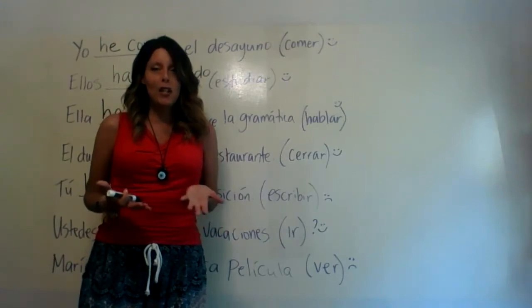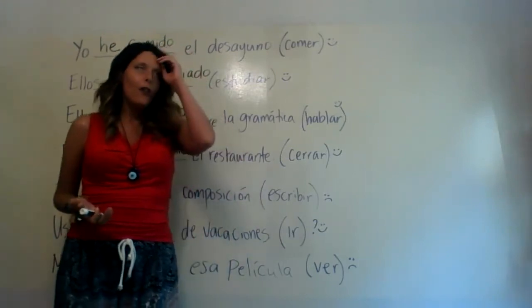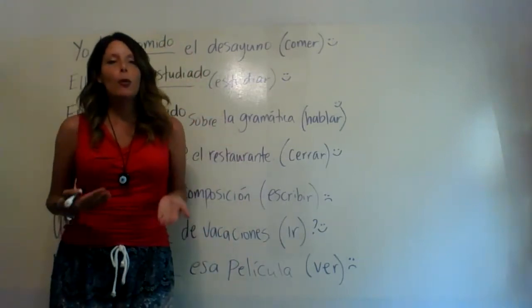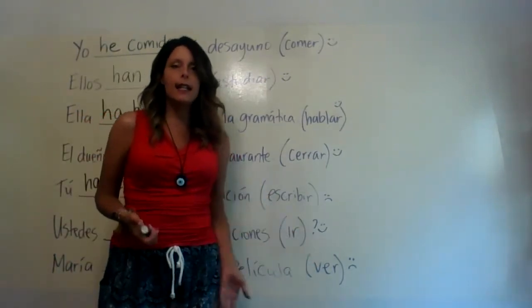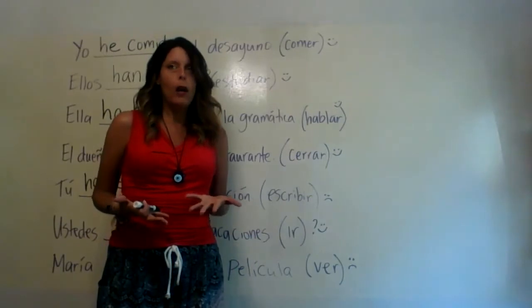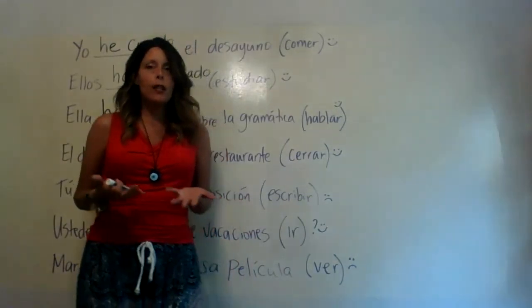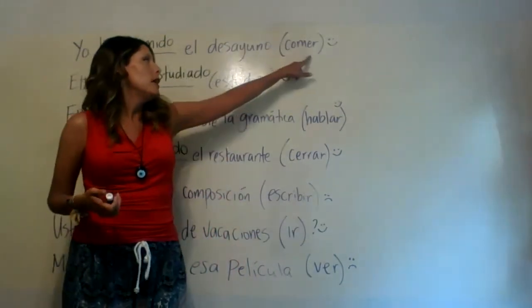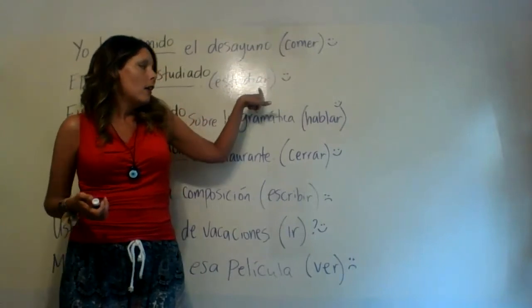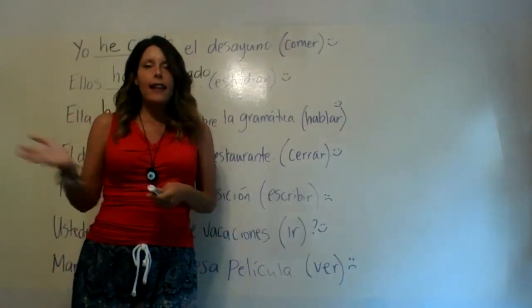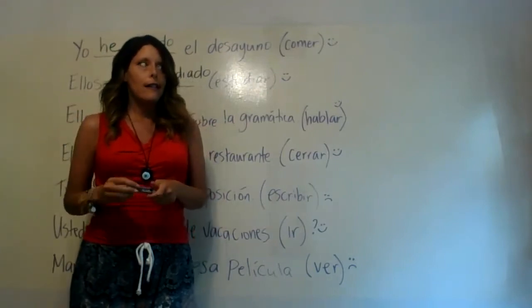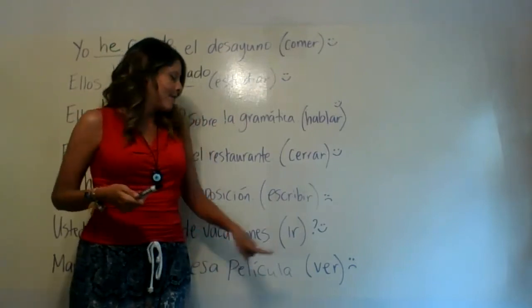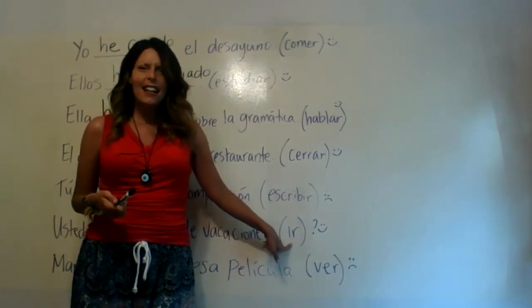Because what do we usually do whenever we form a regular participle? I told you that ir is indeed a regular participle. But what do we usually do? Usually we chop off the ER or the AR or the IR and then add ado or ido. But ir is not irregular.